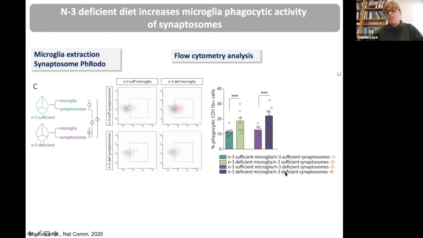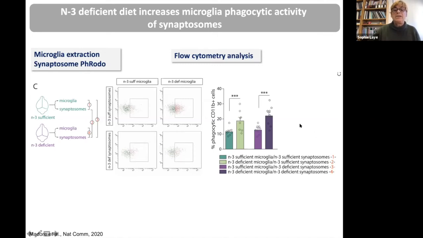The purpose was to understand whether the deficiency in microglia was sufficient to increase the phagocytic activity, or whether it was the crosstalk between deficient microglia and deficient synaptosomes that triggers this phagocytic activity.